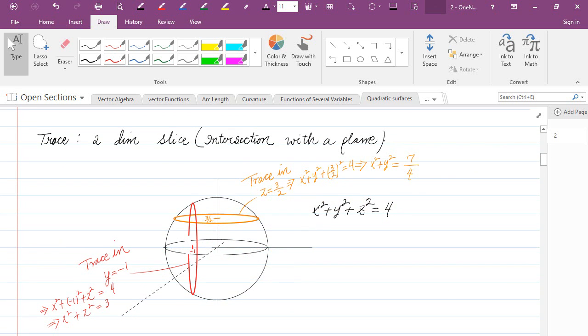Okay, so I hope you are clear on what we mean by a trace of a three-dimensional graph, which is basically the intersection of the graph with a plane.